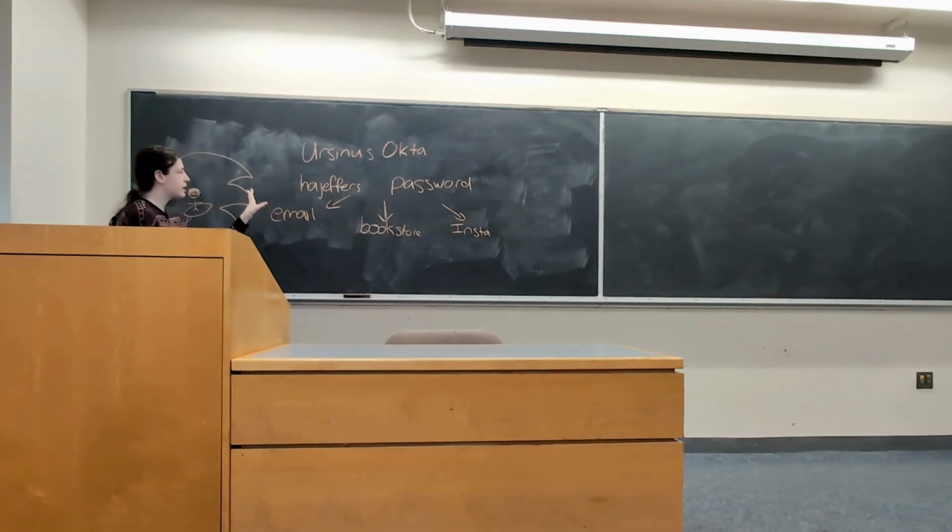So by trying to use this pair of username and password to log into different accounts, they hope that people reuse the same emails and passwords and usernames over and over again. They're hoping to find something connected to this that uses the same one and get that information.